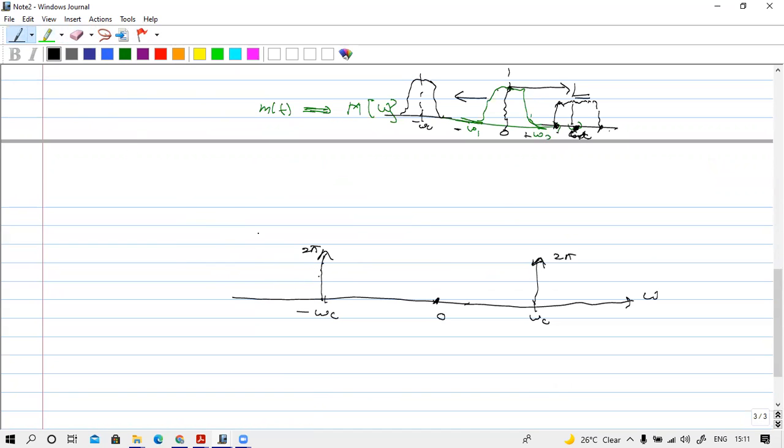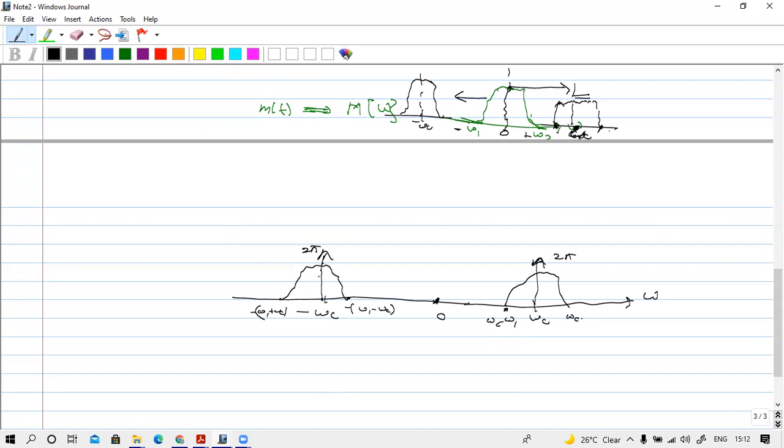So you will get the signal like this, and here also in this manner. Here it is minus omega 1 plus omega c. Here minus omega 1 minus omega c, this point. And this point is omega c minus omega 1.